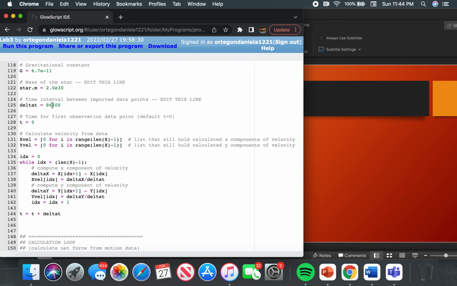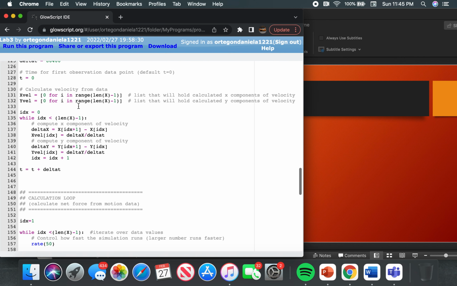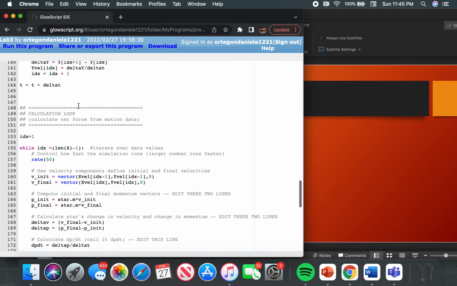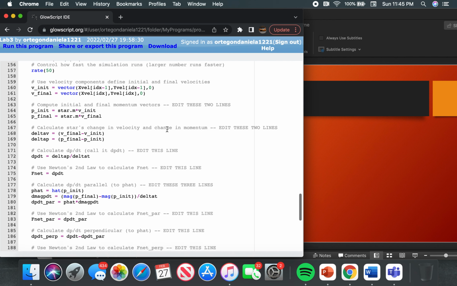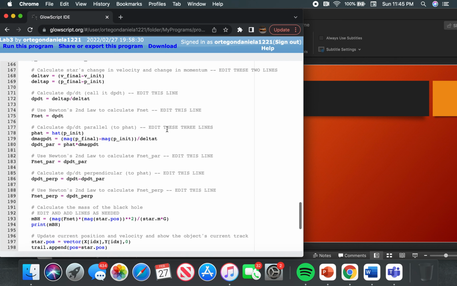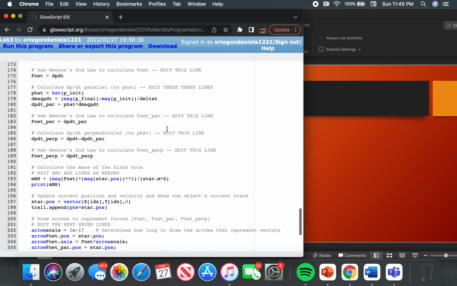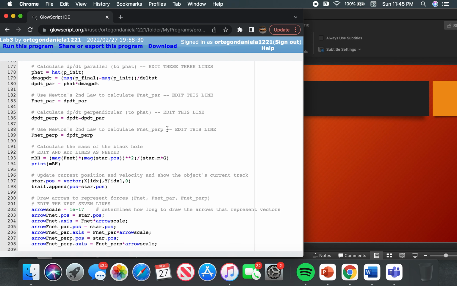We're going to do delta T. It's going to be 60 times 60 times 24, which is 86,400. And we're going to use the equations that we were looking at in the slide to calculate the dP/dt, the F net perpendicular, and the F net parallel.